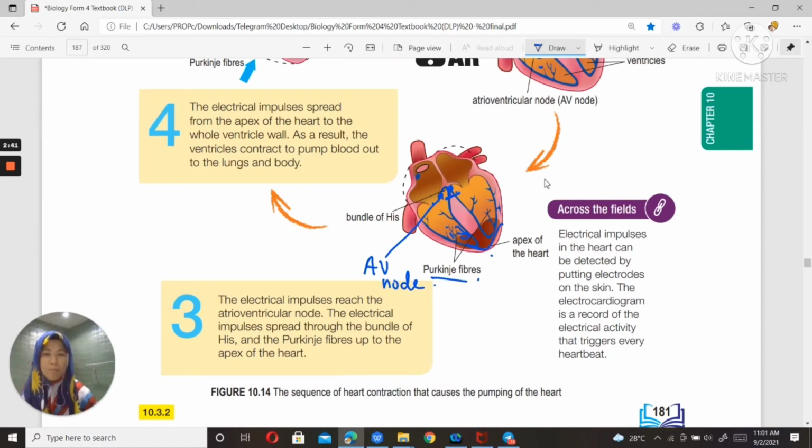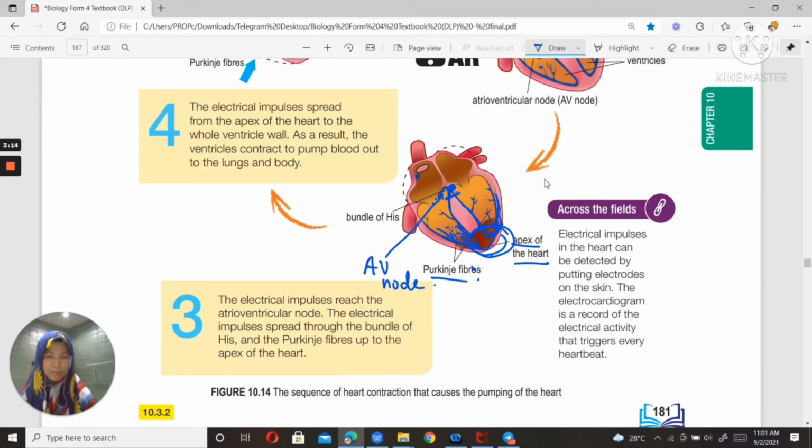Okay, when the impulse reaches the AV node, after that, the electrical impulse will be spread through the bundle of His. This one, the bundle of His, and then the electrical impulse will be spread through the Purkinje fibers, up to the apex of the heart.